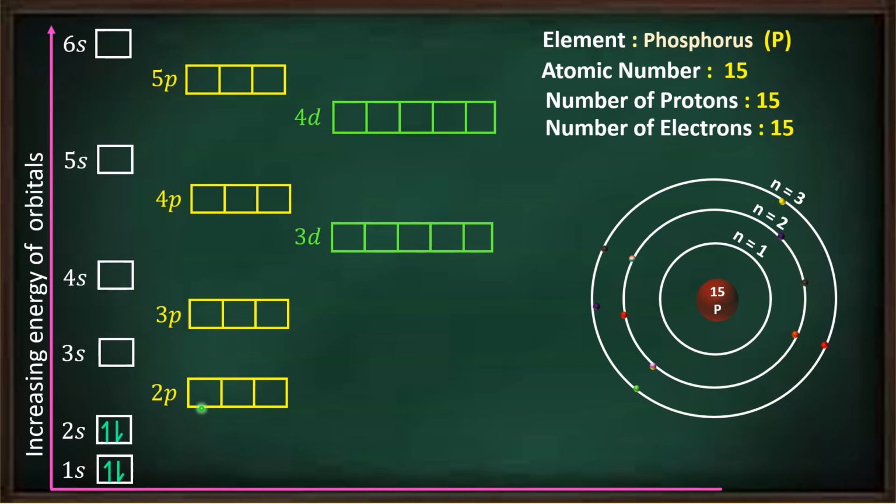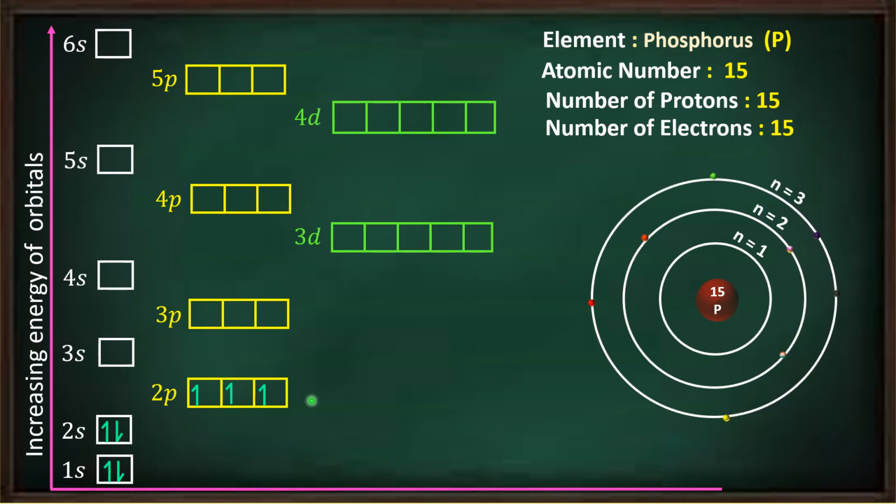Then electrons enter into 2p, isn't it? So fifth electron, say this one, occupies an empty orbital of the 2p. Next, sixth electron, say this one, occupies the remaining empty orbital. Next, seventh electron occupies this orbital.